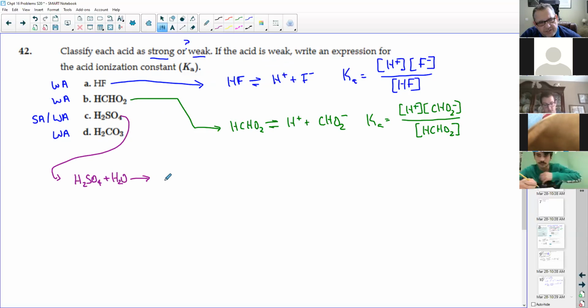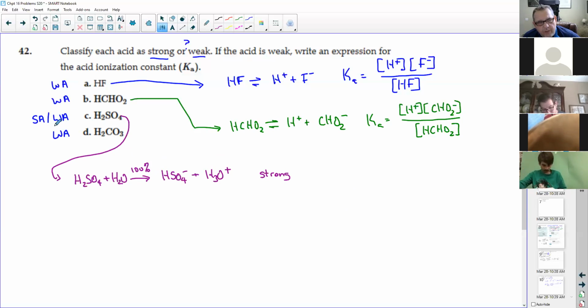It dissociates 100% to form the bisulfate ion, and it forms the hydronium ion, H3O+. And this arrow is one directional. It's 100% to the right. So it's not a two-way equilibrium. So with this one, we just write that it's strong. We don't put a Ka expression. It's just completely to the right.